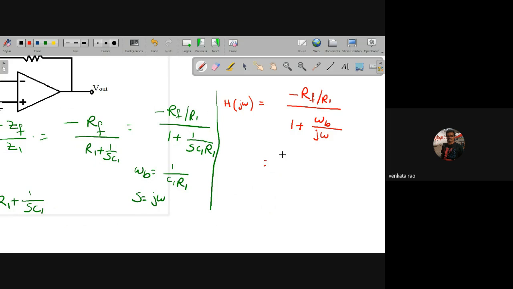So it is minus RF by R1 by 1 minus J omega B by omega.